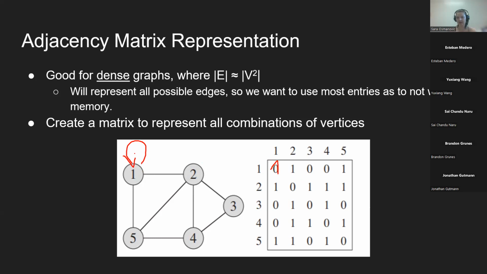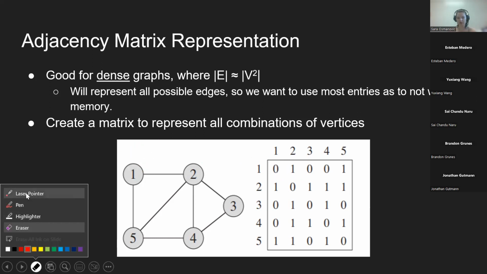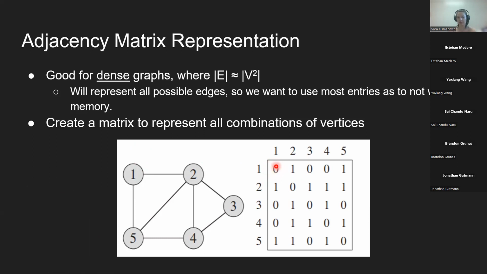If there isn't, we have a 0. So you've got to watch for that too. Without that little cycle there is no edge going from 1 to 1. Then, is there an edge going from 1 to 2? There is, so we put a 1 there. From 1 to 3? No. 4? No. 5? Yes.